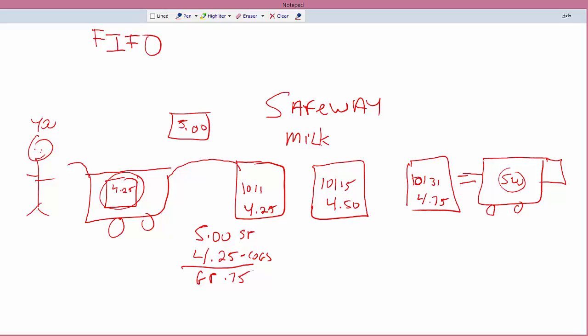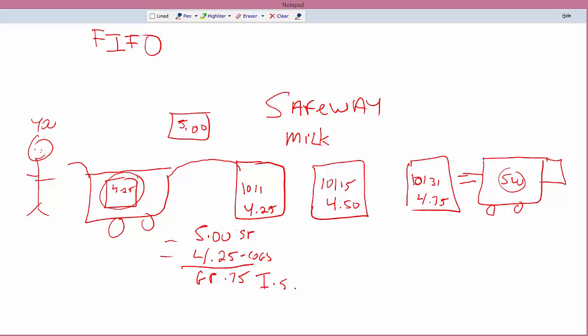Where do we report gross profit? When I ask where we report something, I'm asking either the balance sheet or the income statement. So where do we report gross profit? On the income statement. Sales minus cost of goods sold is reported on the income statement. Good.